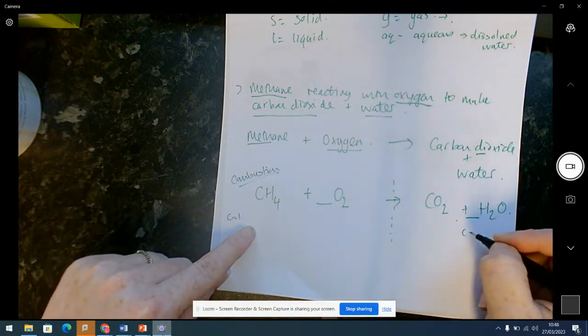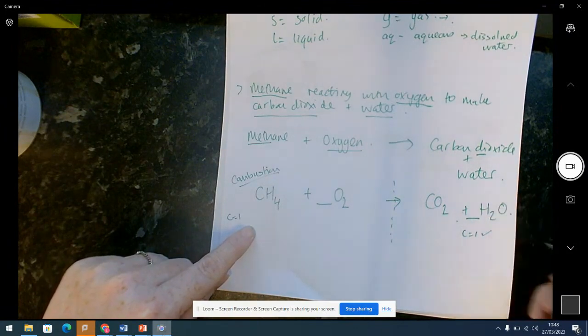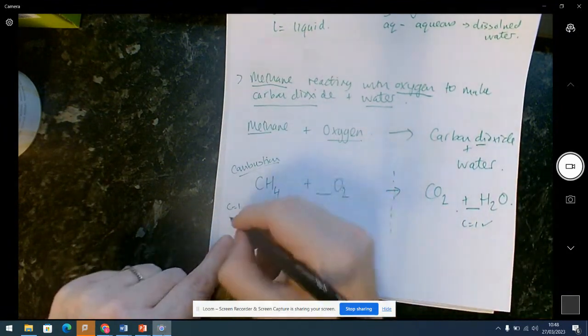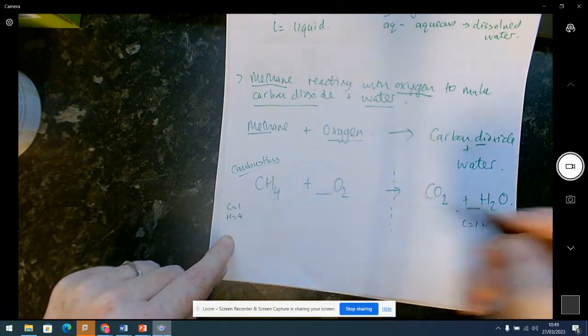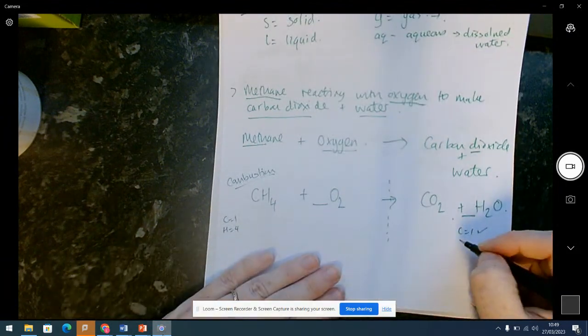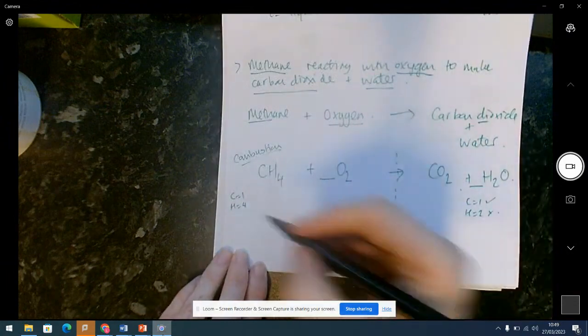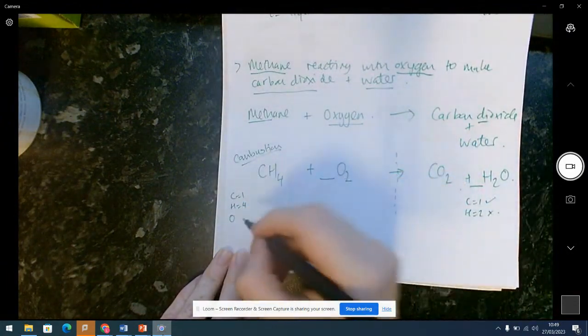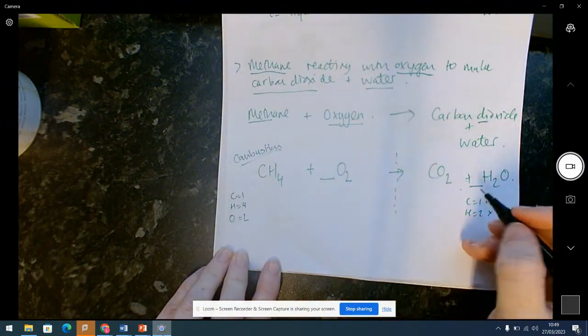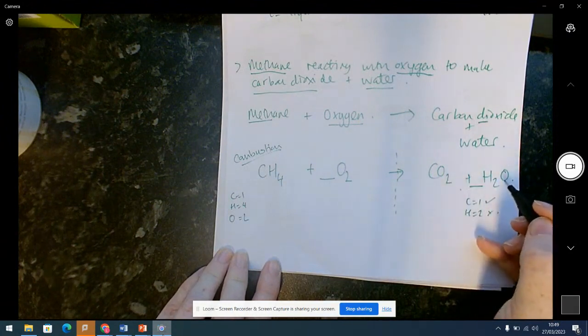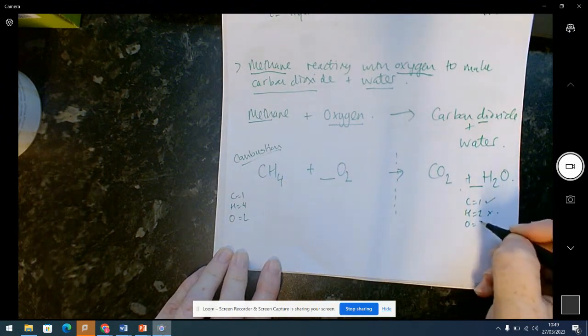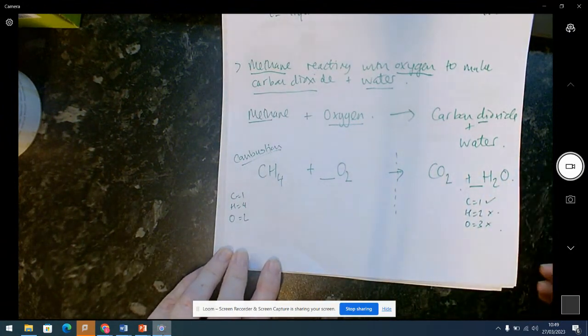Over this side, I've got 1 carbon too. So those carbons are happy. H's, I've got 4. And over here, I've only got 2. So they're not happy. I need to sort those guys out. And oxygens, I've got 2 atoms here. And over here, I've got 2 plus 1, which gives me 3. So again, they're not happy.